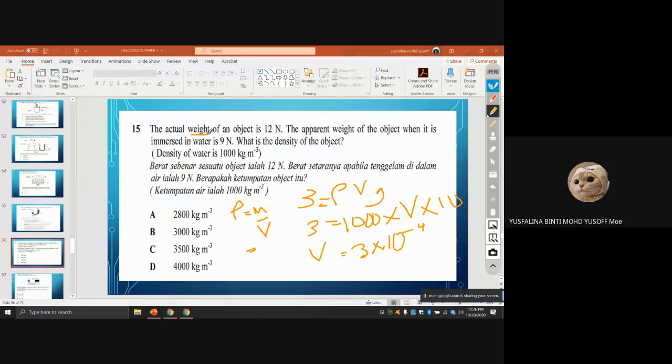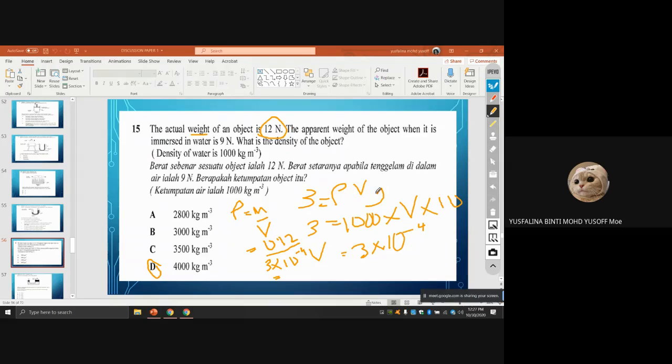You already know the weight is 12 Newton, so to change from weight to mass, you just divide by 10. So you get 0.12 here. And then the volume was already calculated before, 3 times 10 to the power of negative 4. Then you just use the calculator, so you get the answer D.